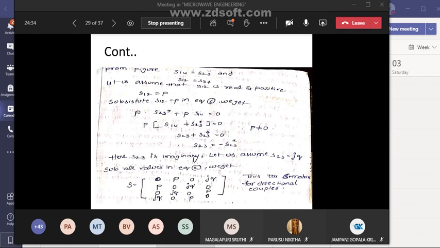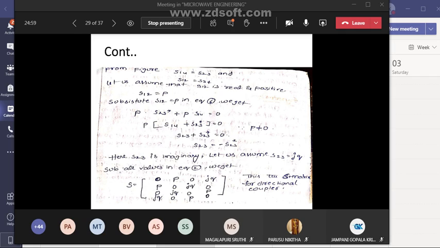So equation 6 is S14 square plus S34 square equal to 1, right? So substitute S12 equal to P. So then we get P into S23 plus P into S14 equal to 0. So P into S14 plus S23 equal to 0.